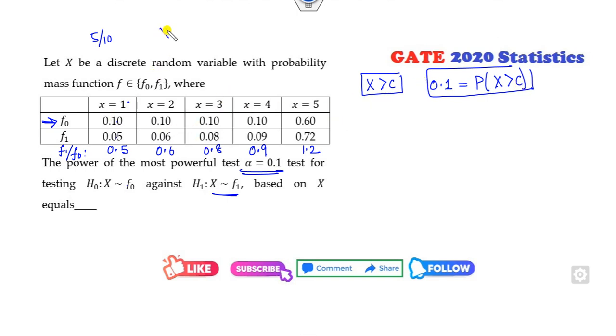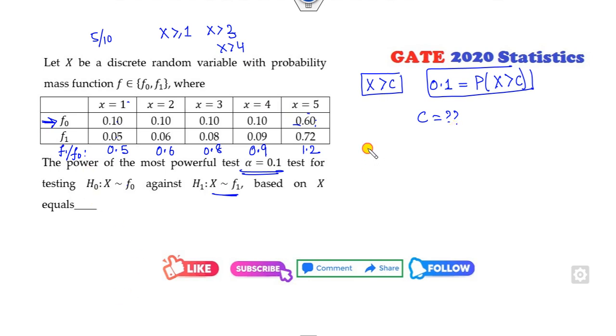So definitely, if you substitute x greater than or equal to 1, the answer is not 0.1. If I substitute x greater than 2, again the answer is not 0.1. If you substitute 3, the answer is not 0.1. If you substitute greater than 4, the answer is 0.6 but not 0.1. It means you are unable to find the particular value of C.